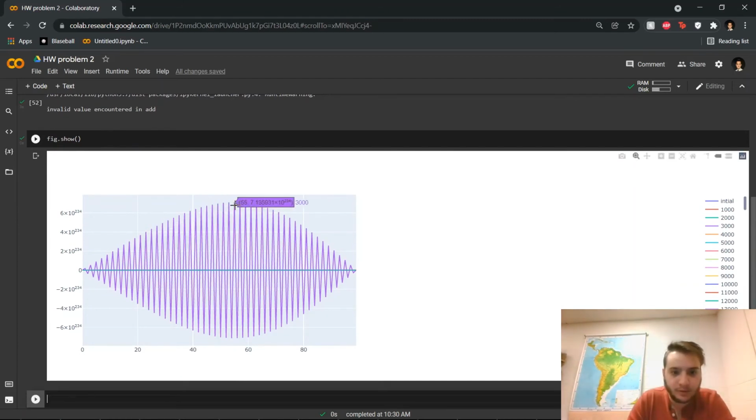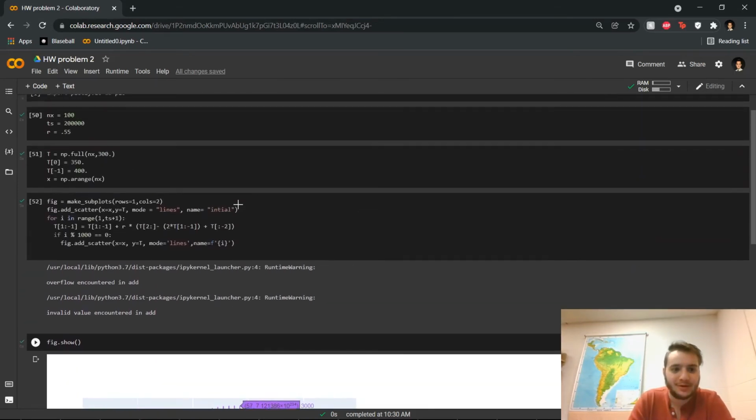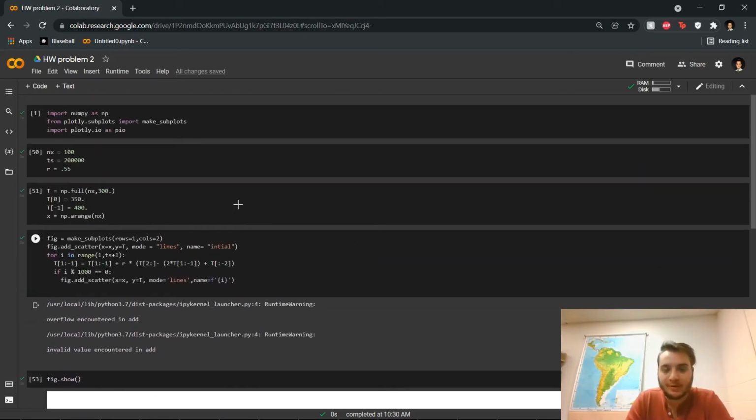We're getting numbers all the way up into times 10 to the 234th. So that can't be right. So when we return, we'll be discussing why this version of finite differencing isn't good for arbitrary values of r greater than 0.5.